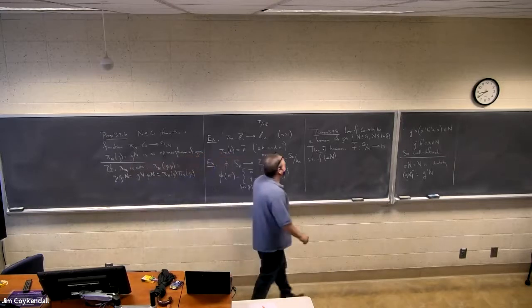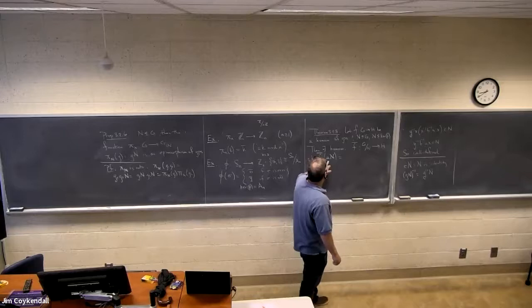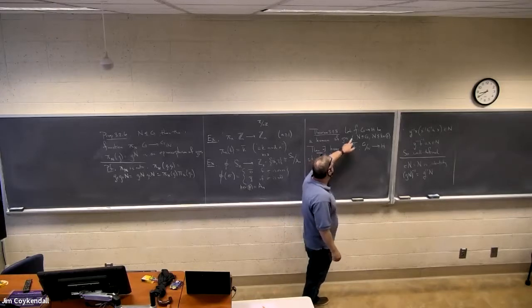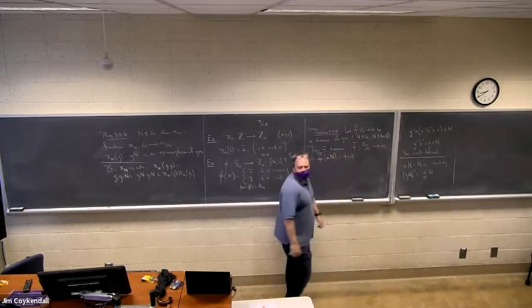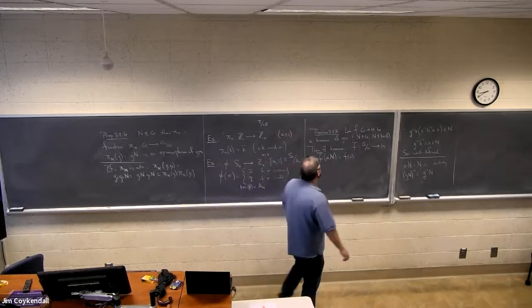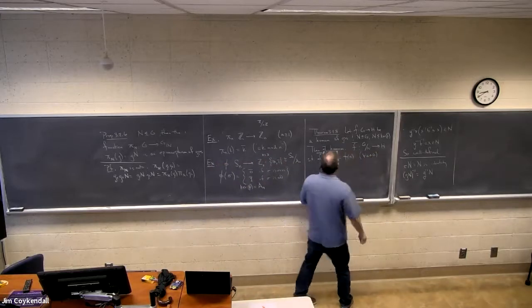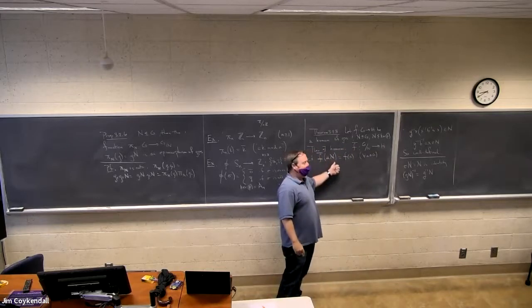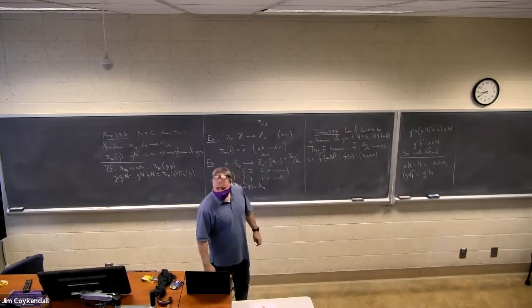F bar of aN, your inputs are cosets, your output has to be something in H, is F of a. So you read the coset, you go to F of a. I guess I'm going to have to worry about that being well defined.